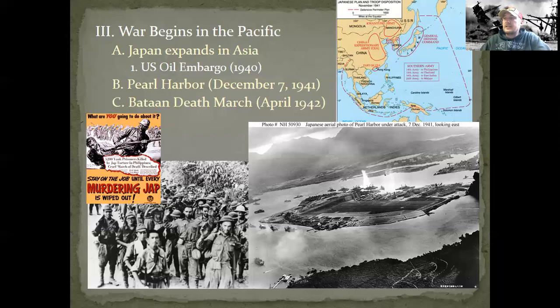There were attacks in the Philippines, okay, which is what we're about to discuss. There were attacks in British holdings of Malaya, Singapore, Hong Kong. All those areas are attacked on December 7th. So this was a well-coordinated, very broad attack that spanned literally hundreds of miles.